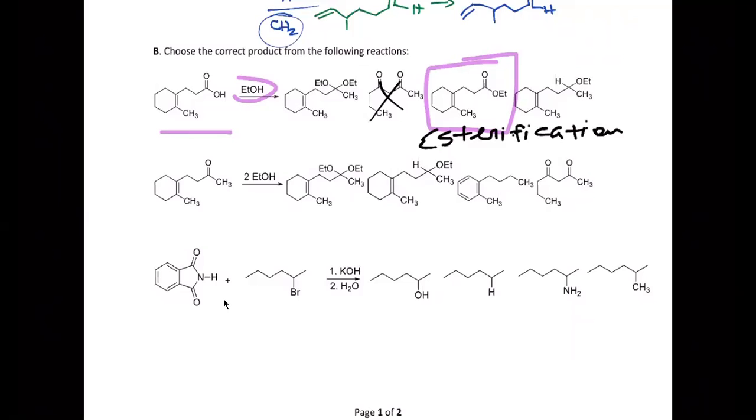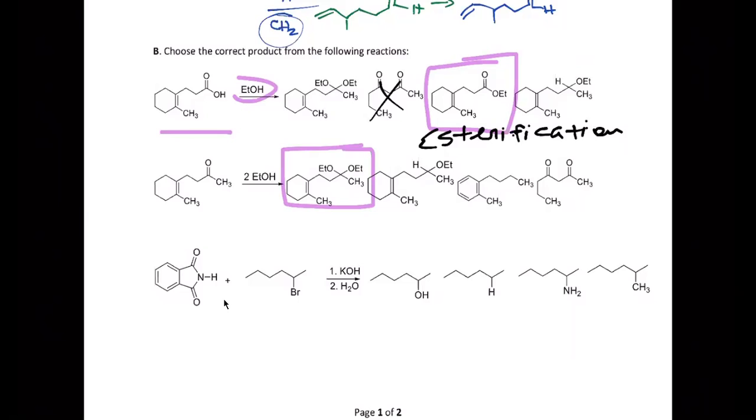What about the next example? That first choice, what's the reaction called? You're right. You've got two equivalents of alcohol and you have a ketone. So why wouldn't it be the second choice?